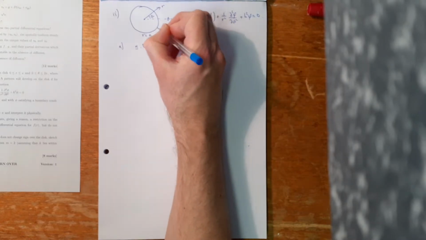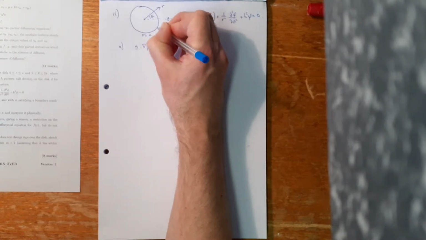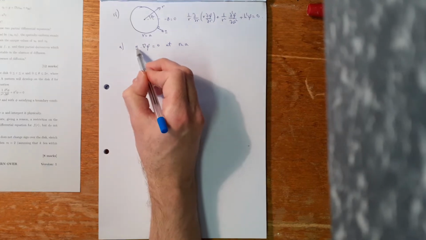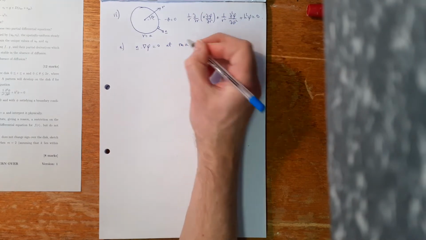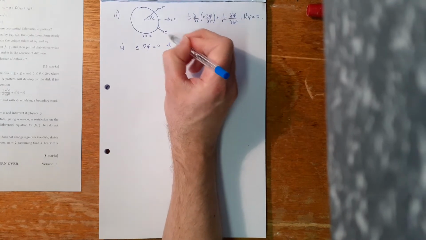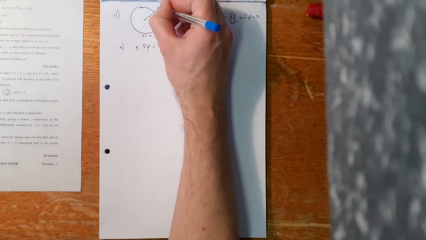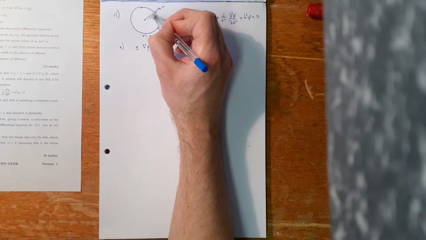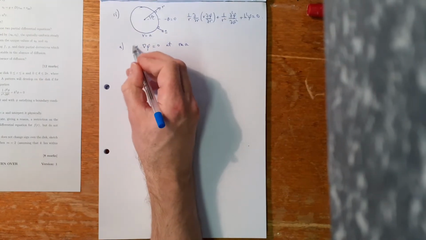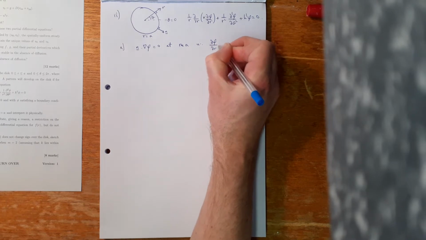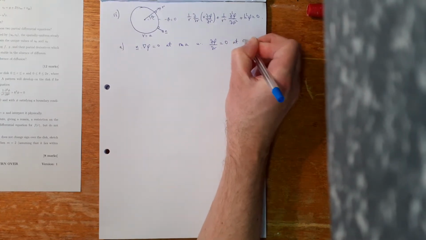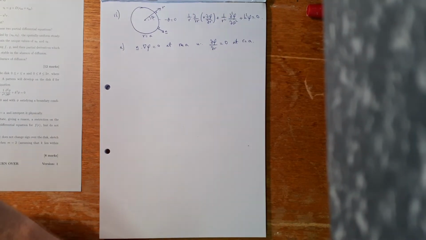So there's the normal to the boundary. That's a directional derivative. N dot grad phi is going to be 0 at r equals a. Well, the normal direction is clearly in the direction which r is increasing. This angle here is 90 degrees, so the normal is in the r direction. So this derivative should be in the r direction, i.e. d phi by dr equals 0 at r equals a.